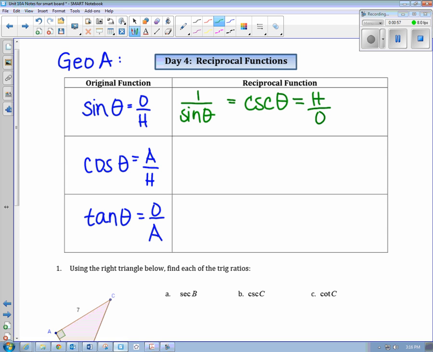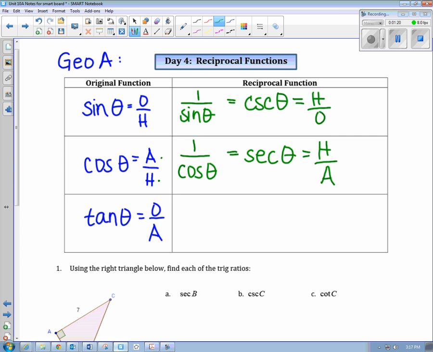The reciprocal function for cosine, the reciprocal is 1 over cosine, and that is going to be secant. So secant theta, and if we take the reciprocal of adjacent over hypotenuse, we will end up with hypotenuse over adjacent.